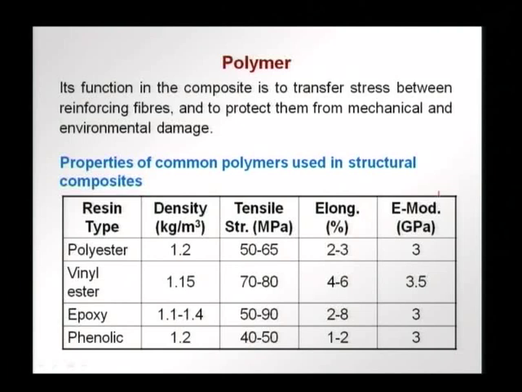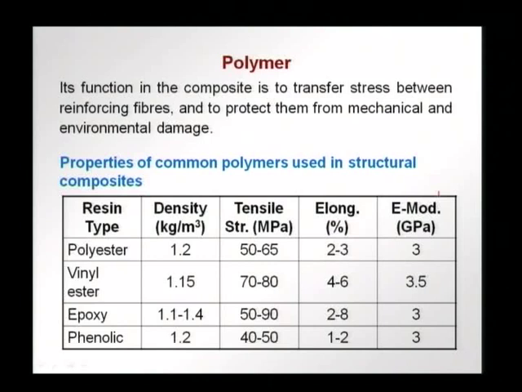What is the function of the polymer? As the name implies, a fiber reinforced polymer means that there is a polymer matrix and fibers embedded inside. The function of the polymer is basically to hold the composite together. The function of the polymer in the composite is to transfer stress between the fibers, because the fibers are separated from each other.